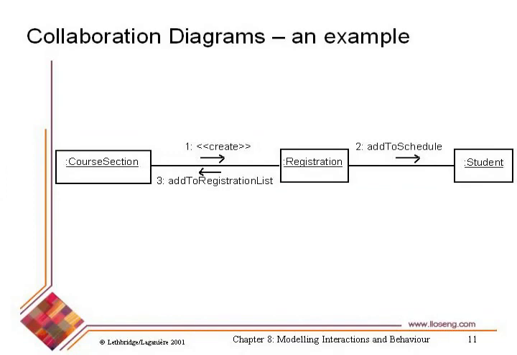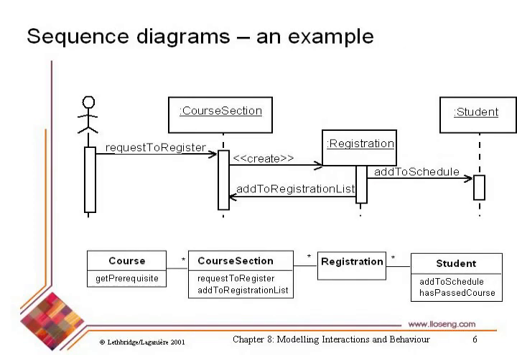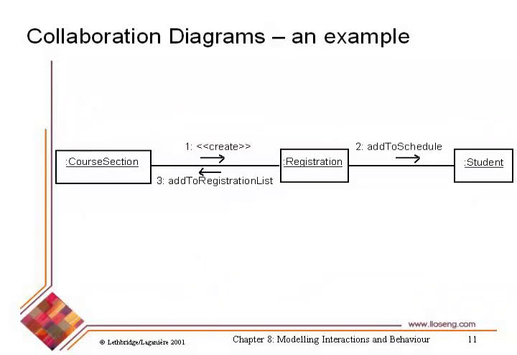Slide 6 was the canonical. Okay, so slide 6 is a sequence diagram, where we're seeing the sequence with the time dimension going down vertically. And then on slide 11, we're seeing the same information. But now we're not showing the time dimension. We're just showing on a bunch of lines connecting the objects the messages that will flow over those connections.